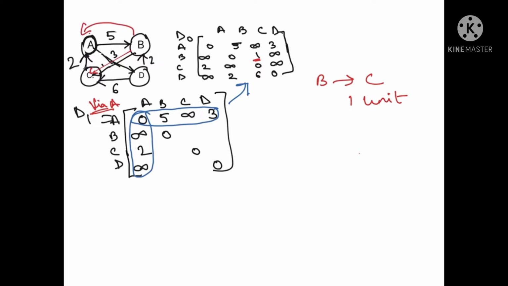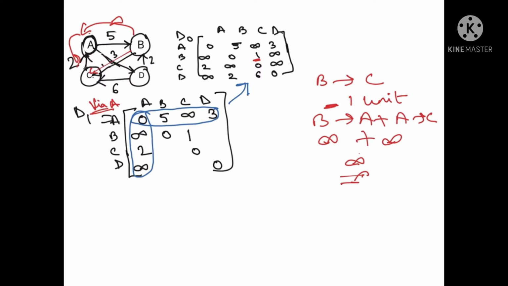Like B to C, B to A and A to C, because this is via A. So B to A plus A to C. B to A is infinity, like this is no path, and A to C is again infinity. So obviously the answer comes out to be infinity, and if you observe carefully, which is smaller? 1. So we will write 1 as it is.